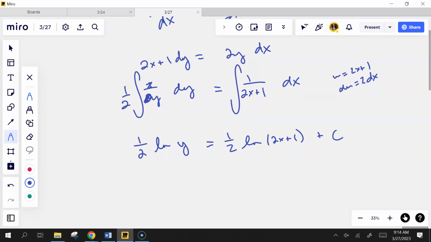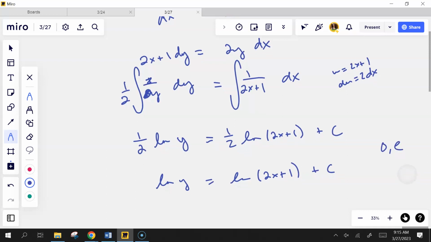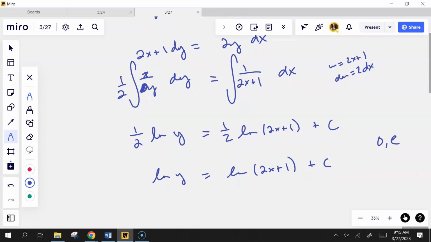I'm going off script here because this is not how I worked it. Okay. Log y equals log 2x plus c. I used that point they gave me, which was 0, e. Say again?